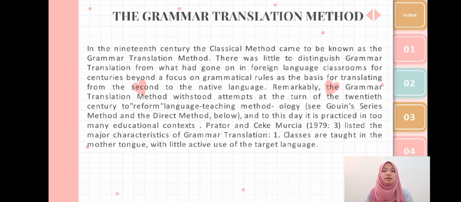The second is much vocabulary is taught in the form of lists of isolated words. The third is long elaborate explanations of the intricacies of grammar are given. The fourth is grammar provides the rules for putting words together, and instruction focuses on the form and inflection of words. And the next is reading of difficult classical texts is begun early.